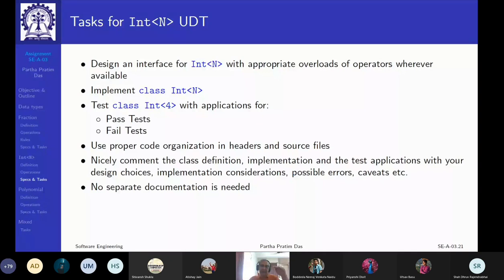So this is the specification. Based on that, you have to design the interface, all different operations, overloads of operators, other member functions, static, friend, all that, and then implement those functions in terms of the class int n, and then write test applications for the pass and fail tests.